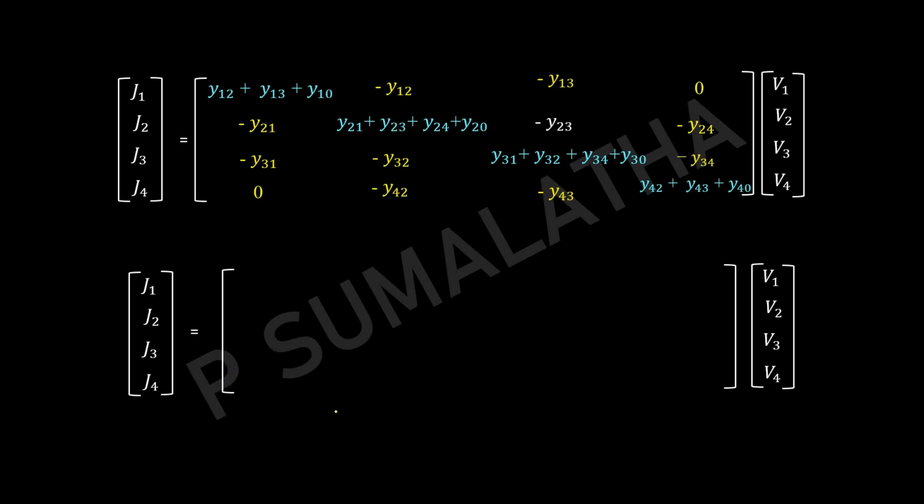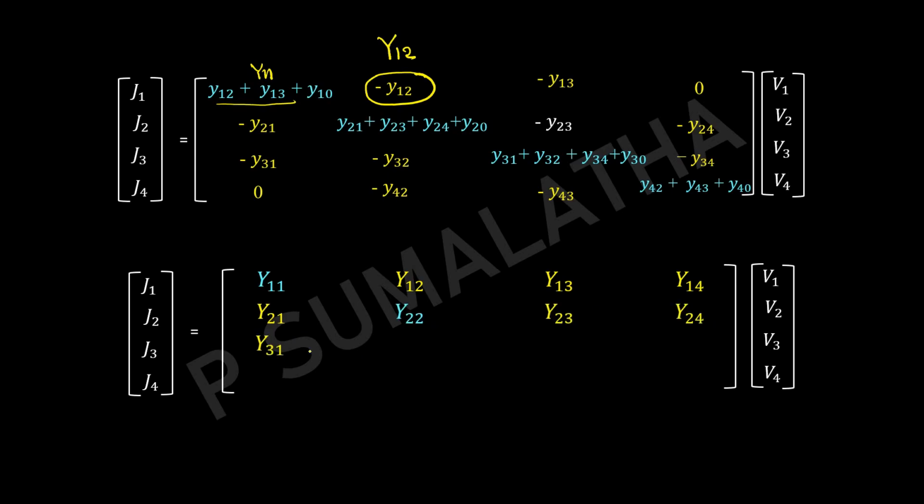Whenever you say bus admittance, it should always be represented with capital Y. So this value is Y11, and all the off-diagonal quantities are represented by capital Y12, Y13, Y14, Y21, Y22, Y23, Y24, Y31, Y32, Y33, Y34 and Y41, Y42, Y43, Y44.